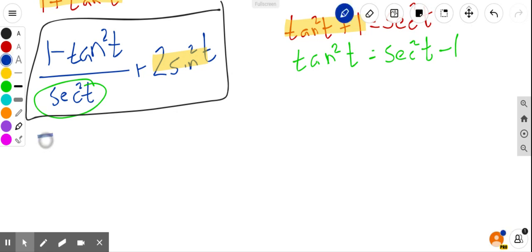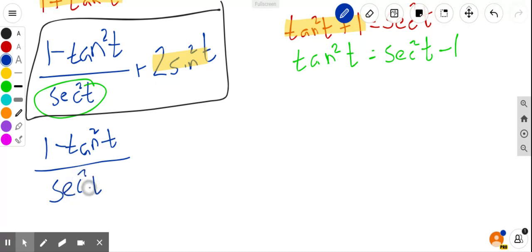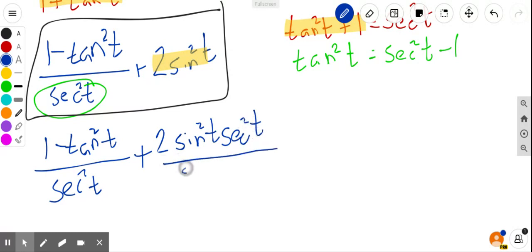So I have 1 minus tangent squared divided by a secant squared. So my denominator should be a secant squared plus 2 sine squared of t secant squared of t over secant squared of t.